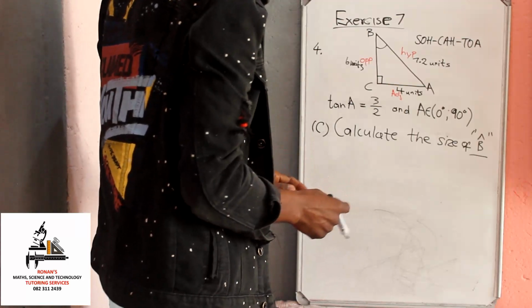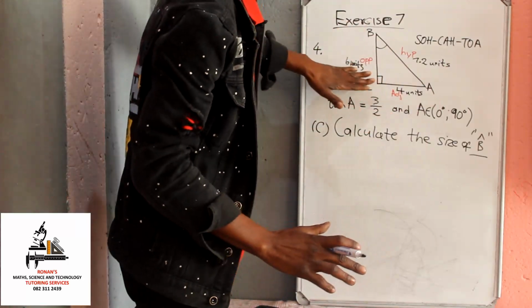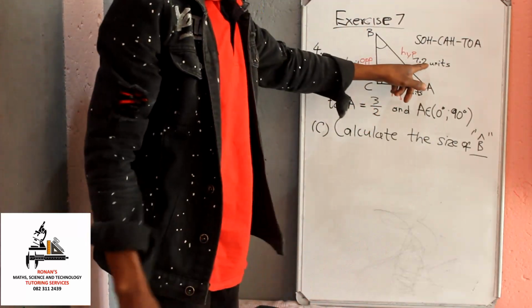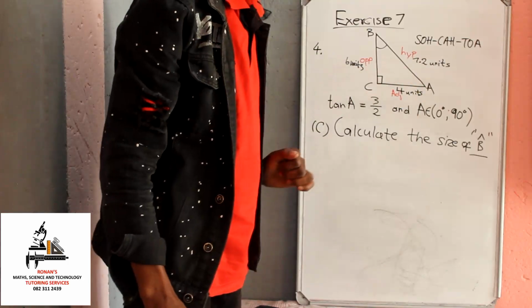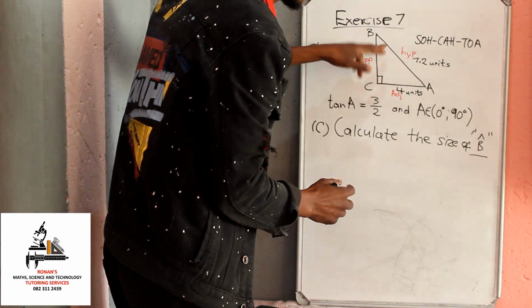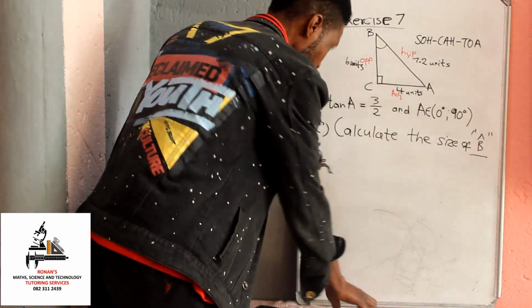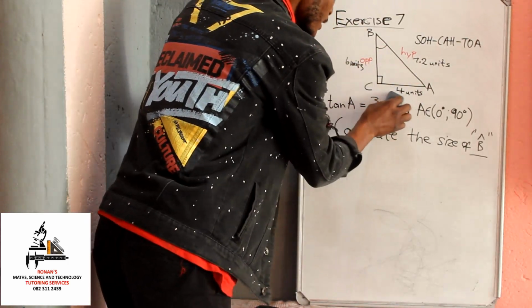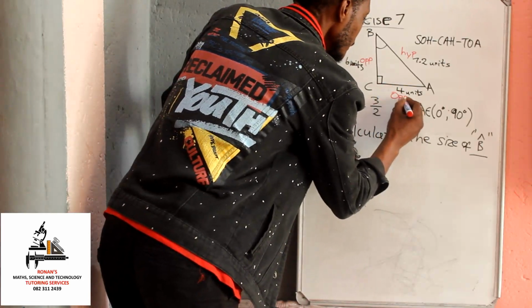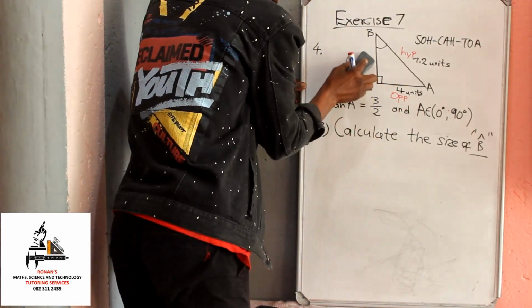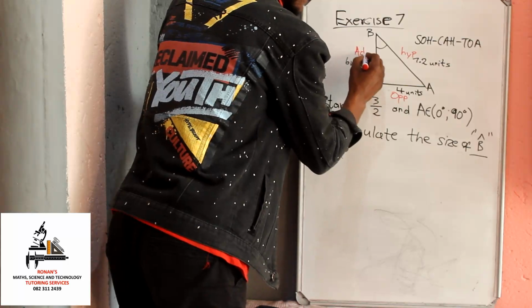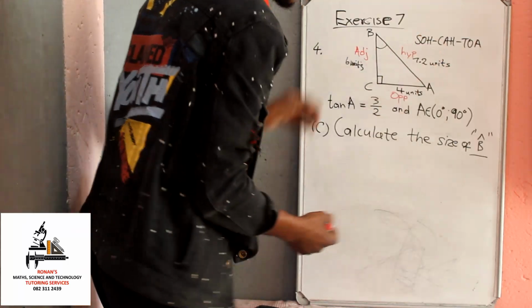I suggest we use the sides that have got whole numbers rather than using a decimal number. Remember the risk that we spoke about. So when looking for angle B, this side changes, it becomes opposite, and then this side changes in relation to angle B and becomes adjacent. Now the hypotenuse remains the hypotenuse.